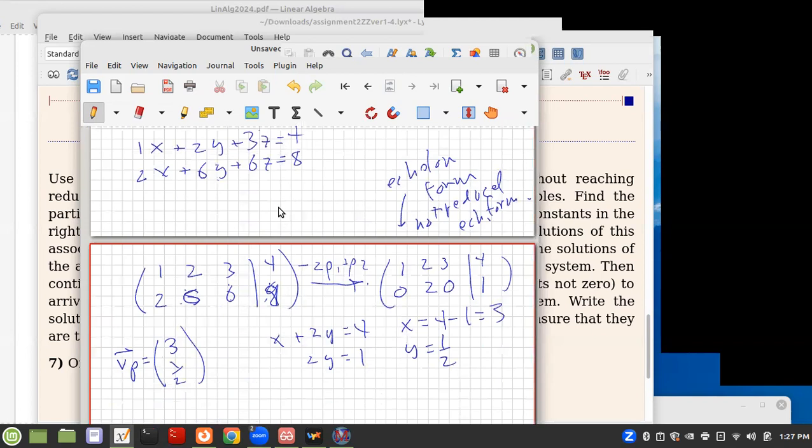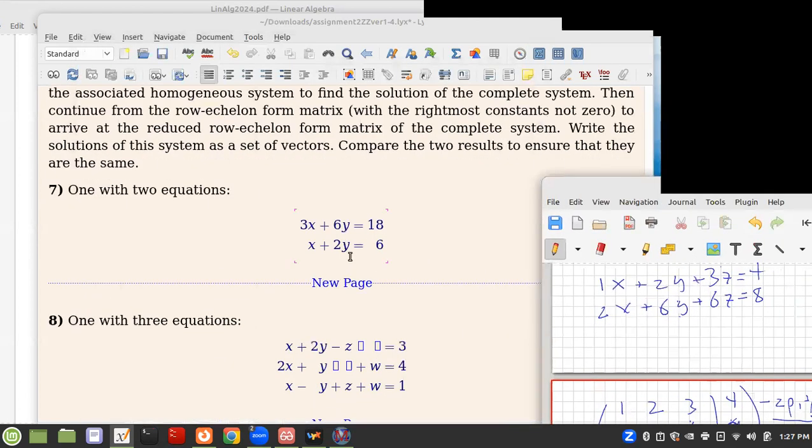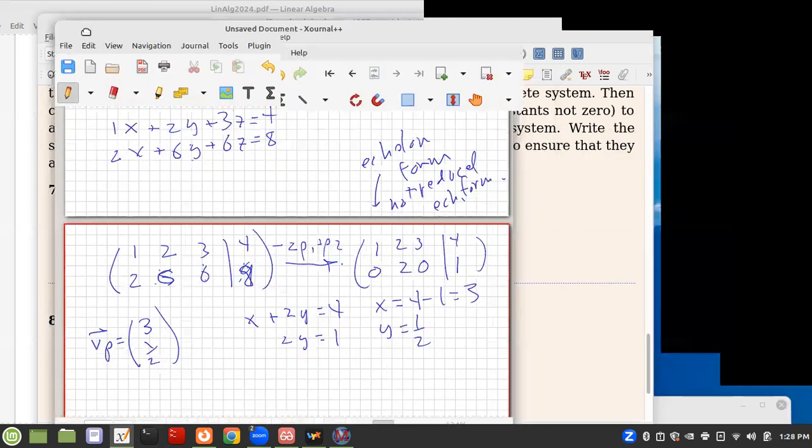For the first example, you would get echelon form and reduced echelon form at the same time. That does not happen here, I think, or maybe it does.